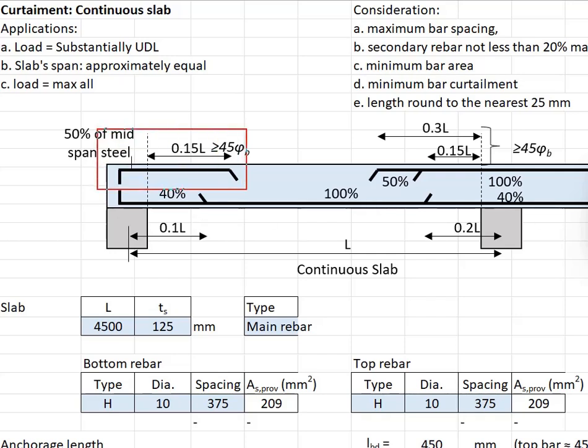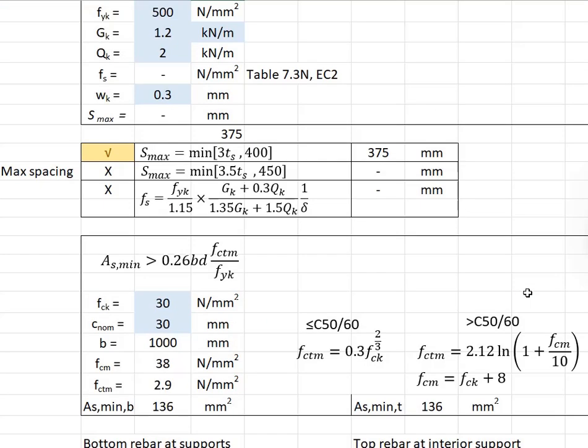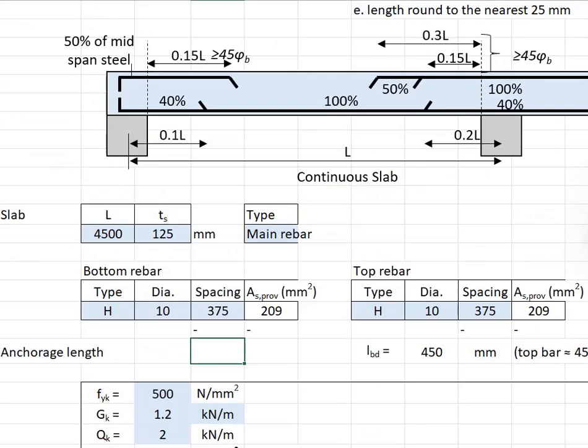Next, we deal with the reinforcement bar at the end support, where the standard states that 50% of the amount of reinforcement bar here is required. 50% means 104.5 mm squared, and this amount is actually less than the As minimum. There is no point in reducing the amount. You might be able to avoid the maximum spacing by reducing the bar size. But you know that in industrial practice for slab design, the smallest bar size you can use for the slab is 10 mm.